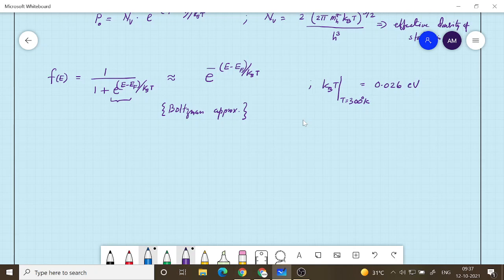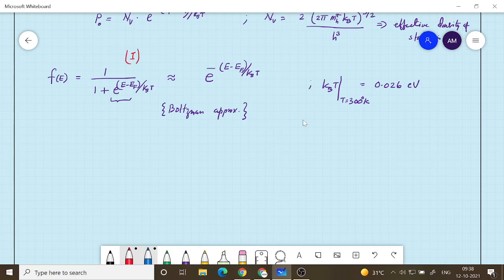If the difference between the two expressions is less than 5%, then we can accept the Boltzmann expression.